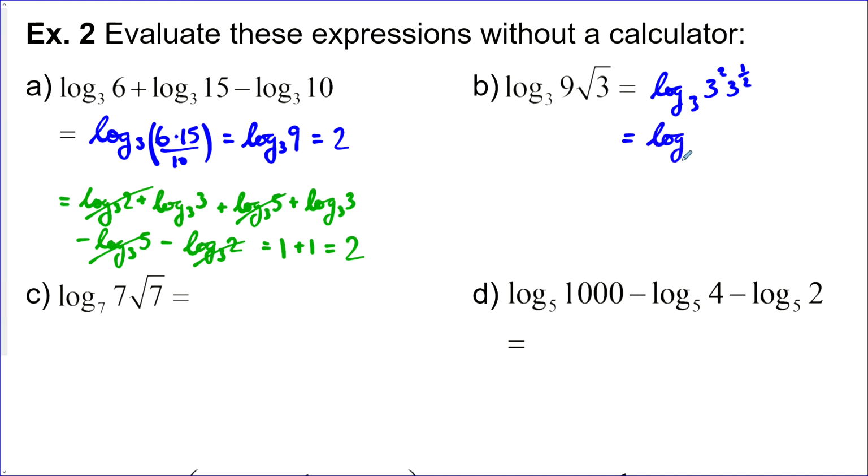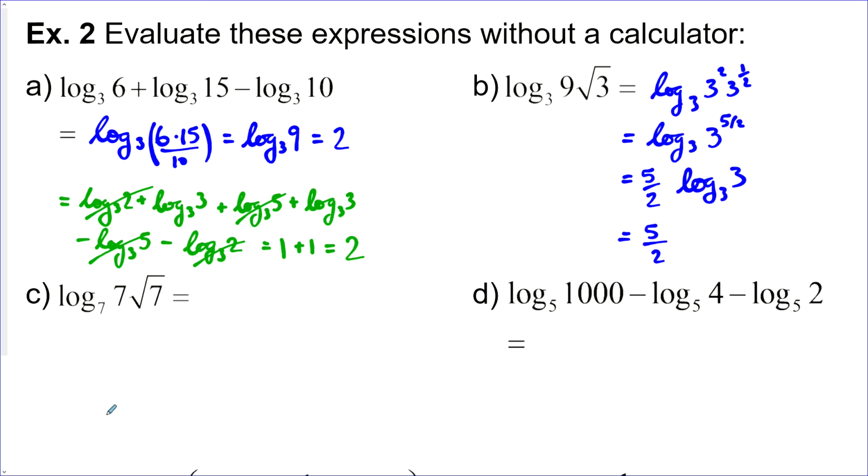So log base 3 of 3, and this would be 2.5, or 5 over 2 if you prefer. Now using that third log law, we can take this exponent and drop it down in front. So that would be 5 over 2, and we're left with log base 3 of 3. And 3 to what exponent gives me 3? 1. So this whole thing just equals 1. So the answer is 5 over 2.